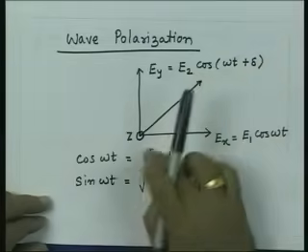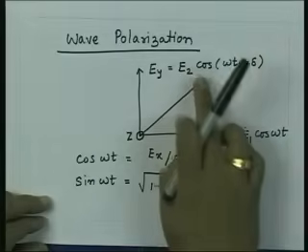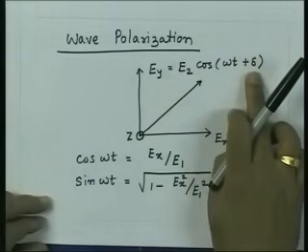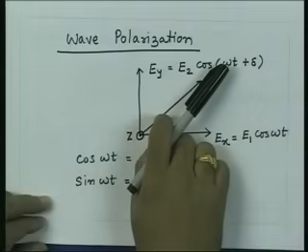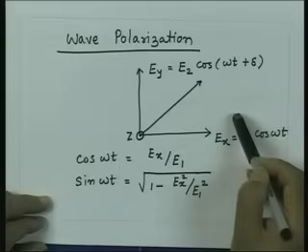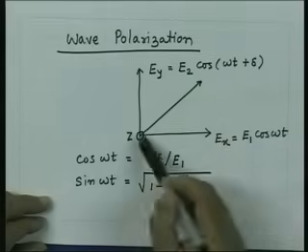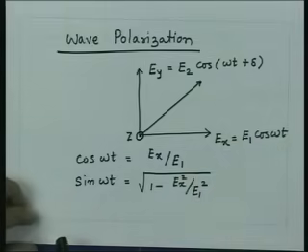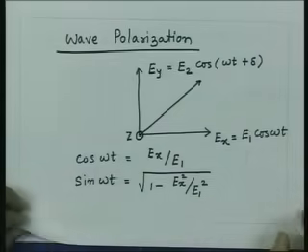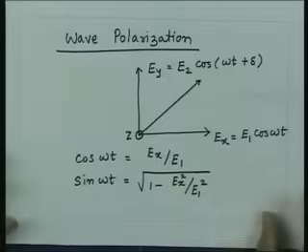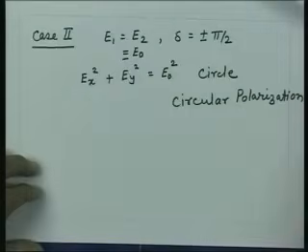So, resultant magnitude will be cos square omega t plus sine square omega t, which will be equal to 1. So, the magnitude of the electric field vector will remain constant, and then as time changes the direction of this vector will keep changing. So, when the two amplitudes become equal and if delta is plus minus pi by 2, we get the special state of polarization which is called circular polarization.